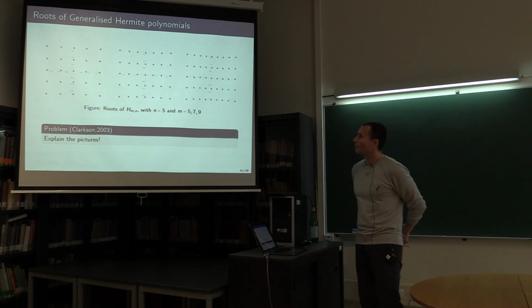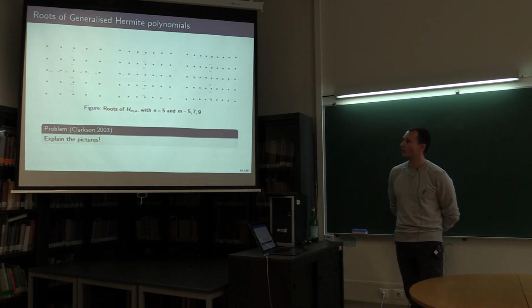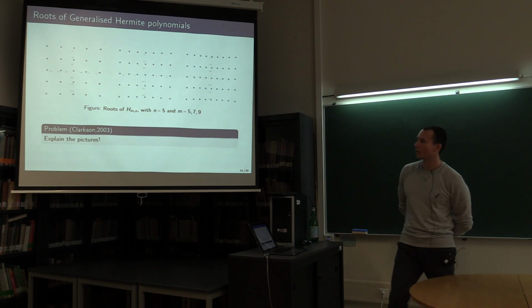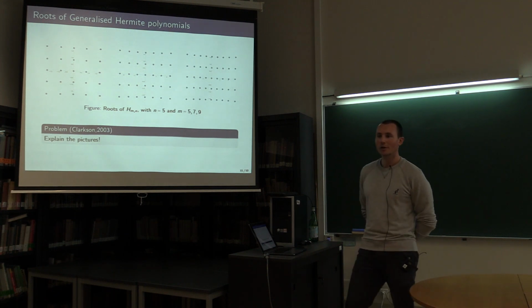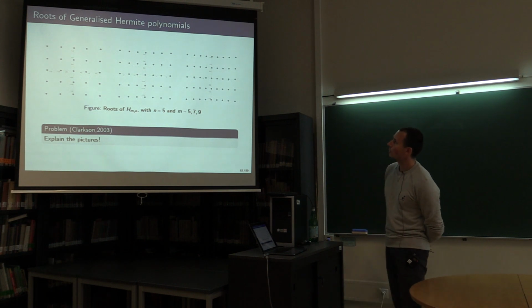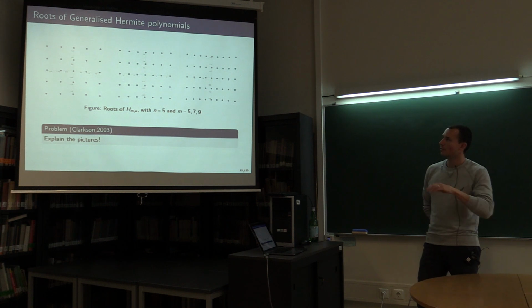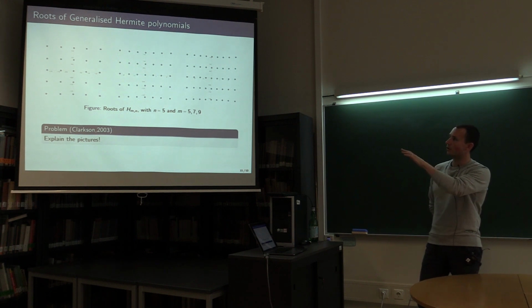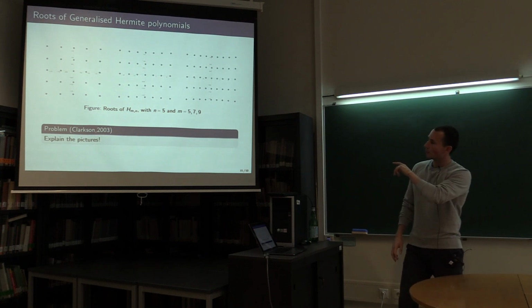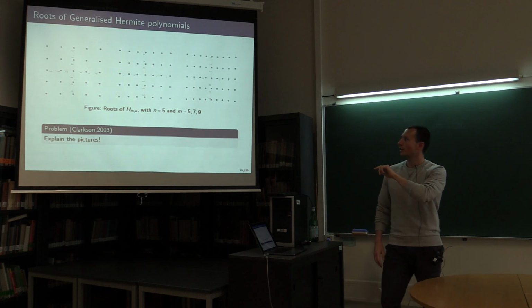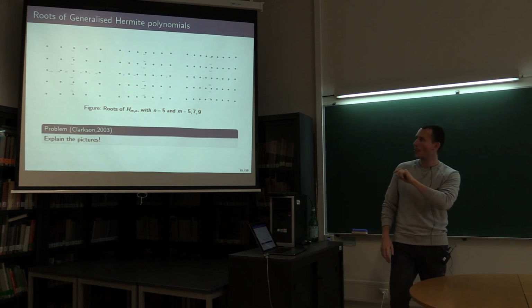Now one of the main problems that we tried to solve is this. Peter Clarkson in 2003 published some numerical investigations of these polynomials, and he observed this structure in the roots in the complex plane. What you see here are the roots of H_{m,n}, where n is fixed equal to 5, and from left to right, m is 5, 7, and 9.